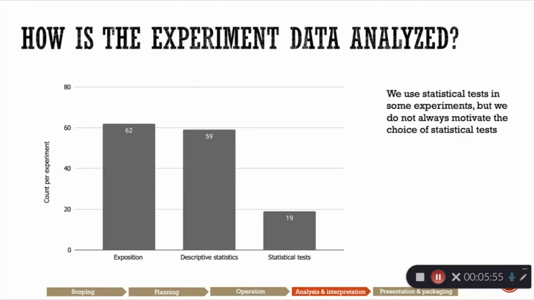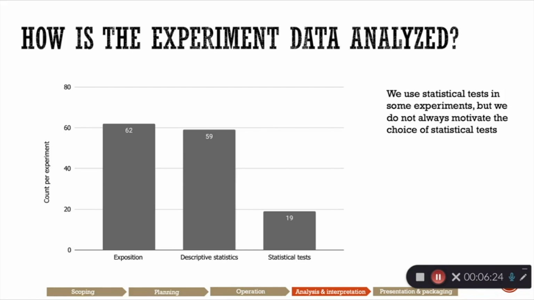On the analysis and interpretation, one result relates to how the experiment data is analyzed. For this, we identified 3 categories: exposition, descriptive statistics, and statistical tests. Exposition means that some kind of narrative or text is used to describe the result of an experiment. Descriptive statistics is when, apart from some narrative, there are also some statistics or some plotting reported.